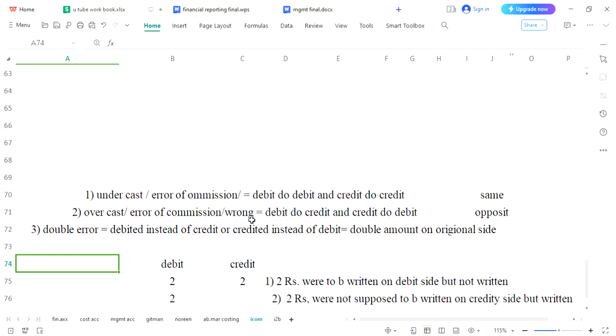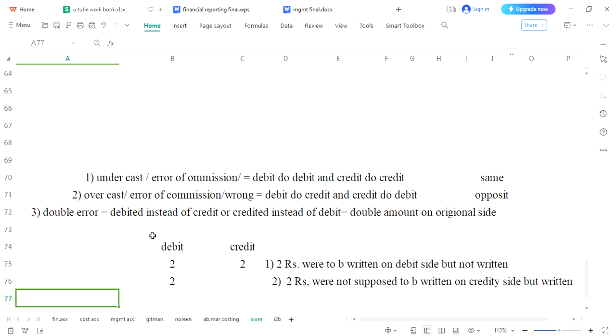Second, overcast, we'll write it at the opposite side. If it is double error, how would we know? If you have debited instead of credit and credited instead of debit, how will you rectify this error? Double amount on the original side. So it is requested to please listen again and again so that you can memorize it well.